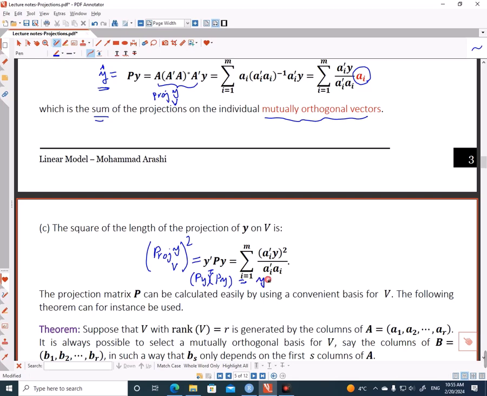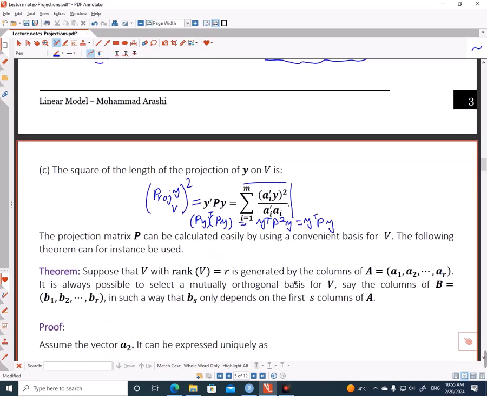I can write it as y prime P squared y, and since in the previous theorem we showed that the projection matrix is idempotent, I can write it as y prime Py. So the square length, which is needed in the sum of squares, has a simple formula. And this formula can be used for the sum of squares.